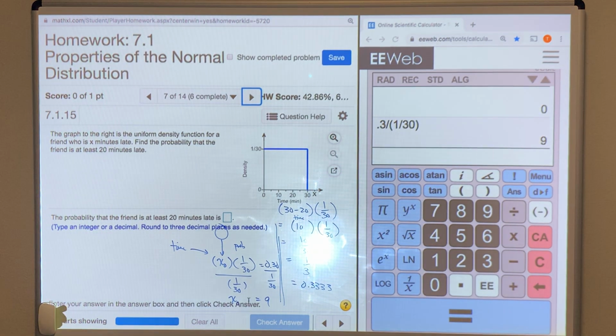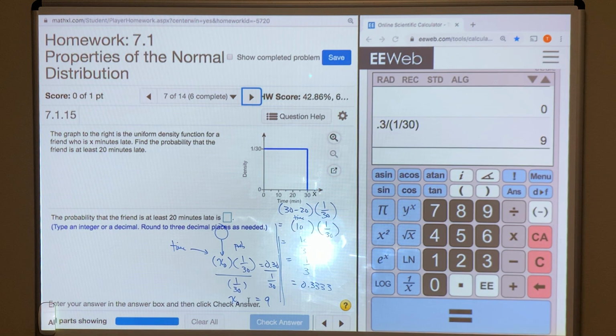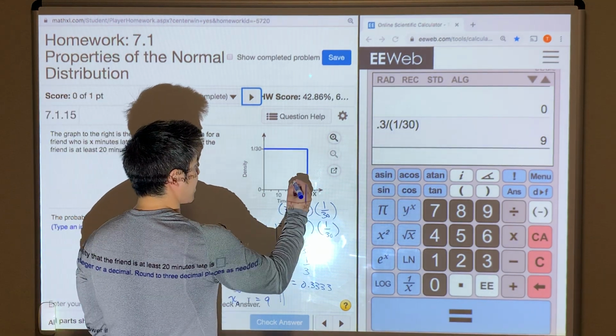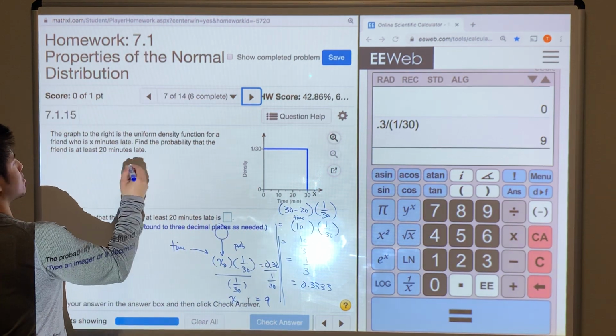Well, geez, I actually wish that this was a little bit different problem, because it just so happens that this is going to end up being the exact same problem as mine, because at least 20 minutes late means what? The key word is at least.